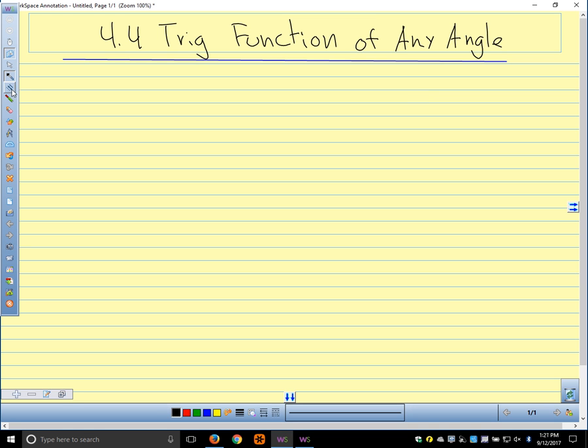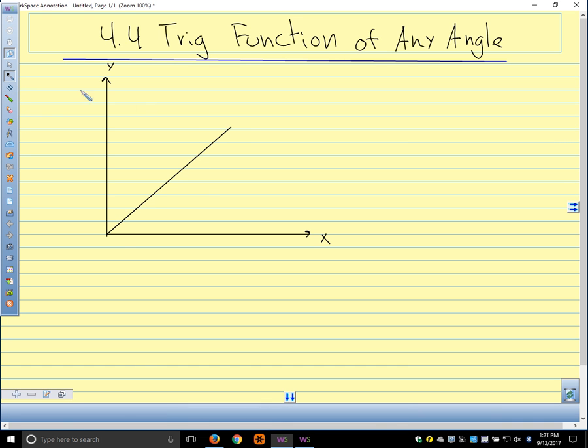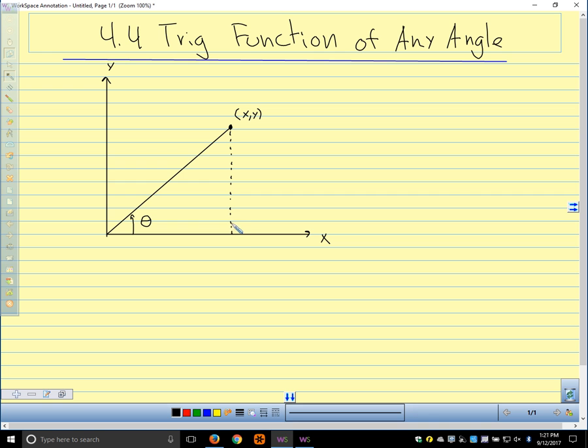The way that we're going to do that is pretty much exactly the way we've talked about trigonometry so far. So there are my axes, and I'm going to put an angle here, in standard position, and we have some coordinates here, x, y, and this is my angle. Just like we've done before, we're going to project this down, turn this into a nice right triangle.